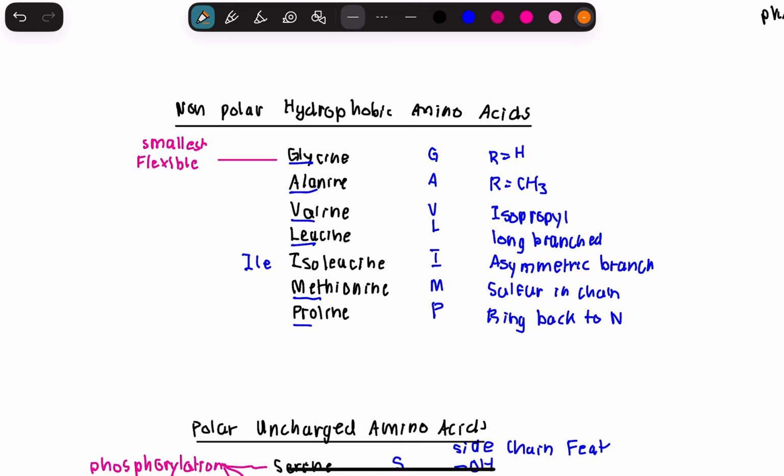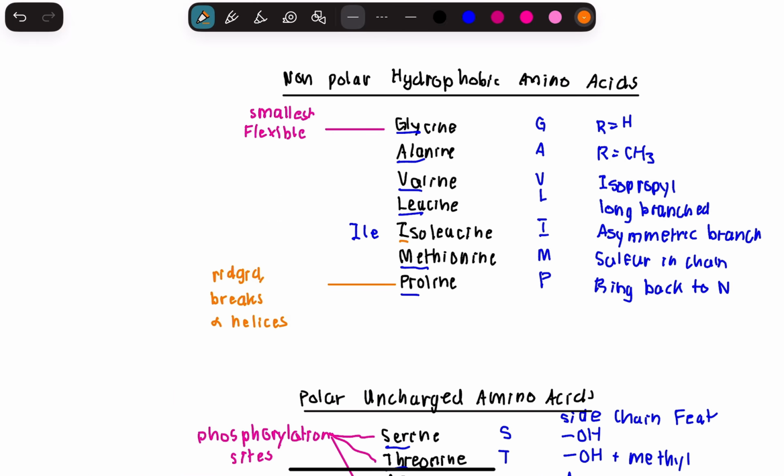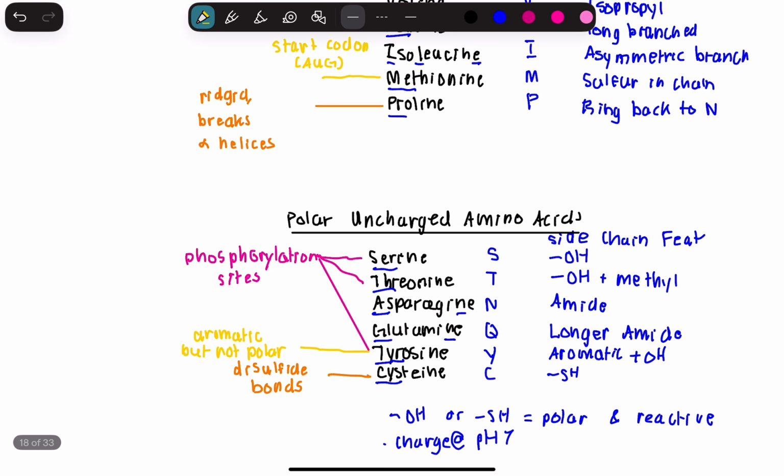Note that for proline, it also breaks alpha helices. You can also remember this one, actually. I'll just mark it in here. ILE. Now, additionally, methionine is a start codon, AUG.